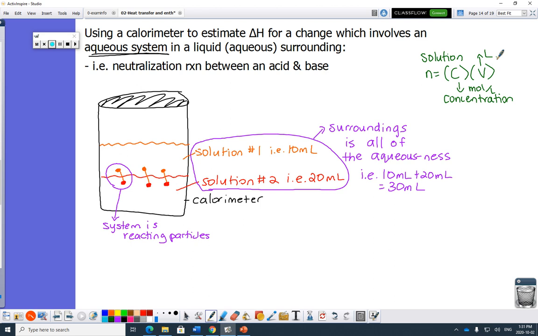Again, to be practical, our graduated cylinders measure milliliters, not liters. But then, for the volume, we need the total, so you have to add them together. There will only be two.